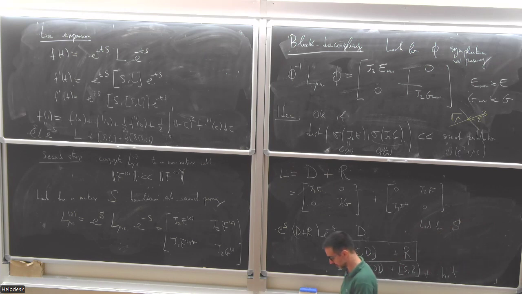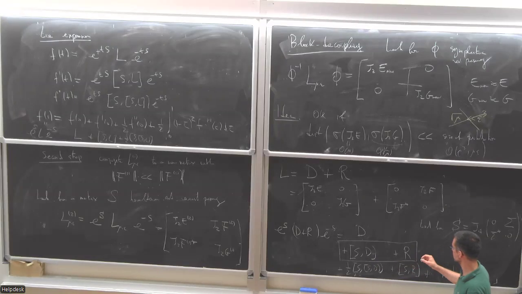S is a 4 times 4 matrix, and I look for S always in this form: 0, sigma, sigma star, 0, in such a way that it is a Hamiltonian, and this is equal to 0.